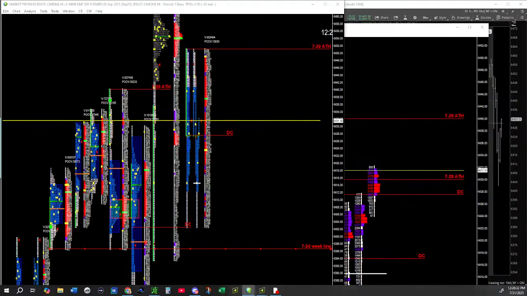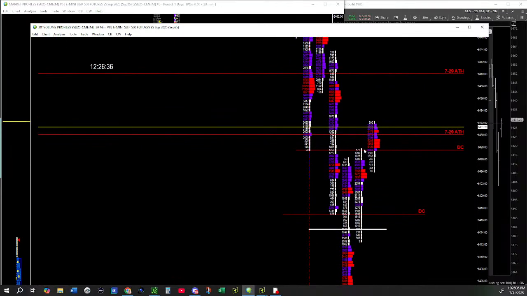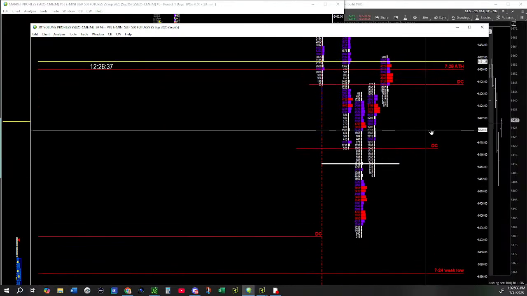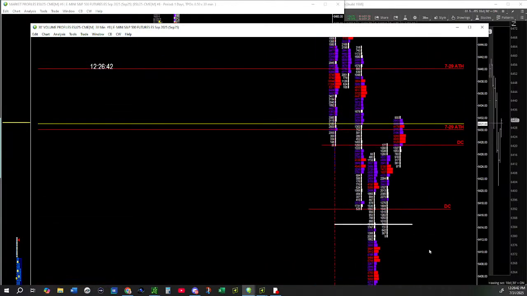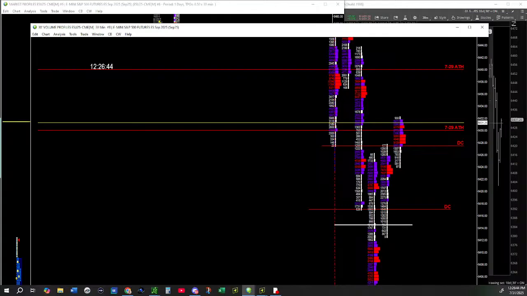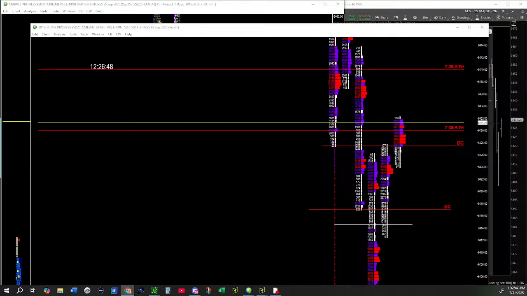Now, as we speak, the market is working its way higher here. You can see, it is very hard for anybody to trade the markets without any kind of charts.